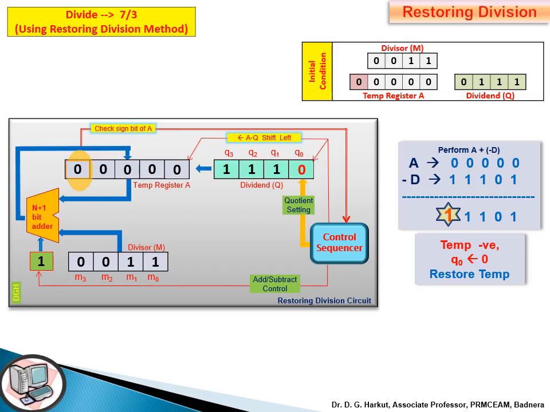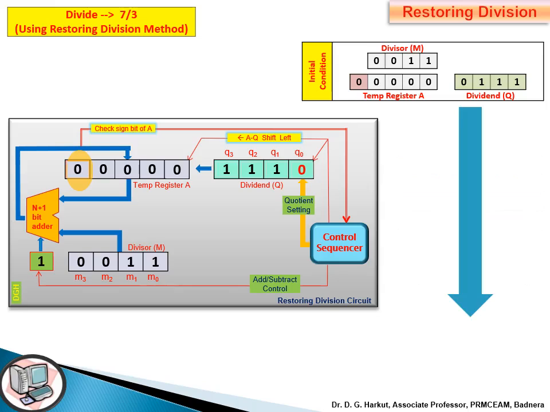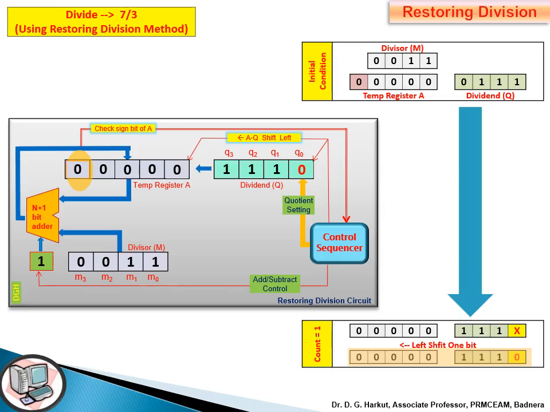Q0 bit is set to 0 and content of temporary register A is restored back. Hence, at the end of first iteration, the bit position in register A and Q will be like this. A contains all 0 since we have restored, and Q contains 1110.